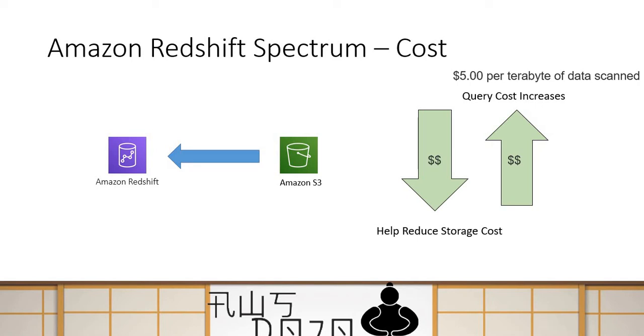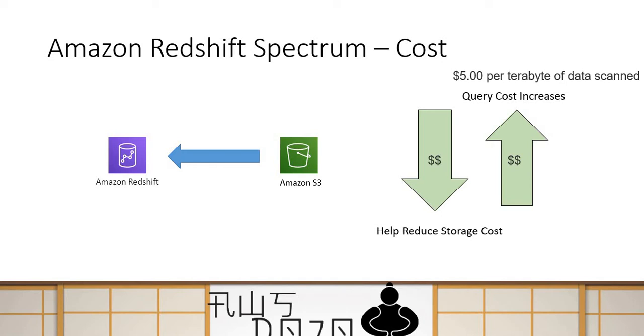So keep that in your design consideration: keep data in a format like Parquet, where even if the query goes to S3, the amount of data scanned to get the result is less than with formats like CSV or JSON.